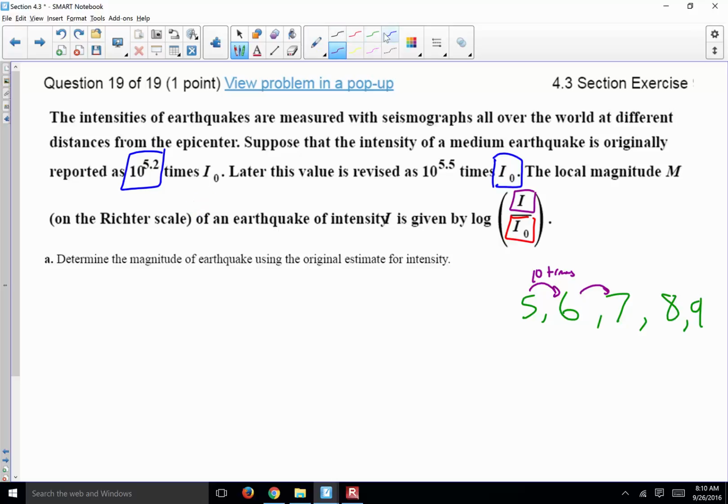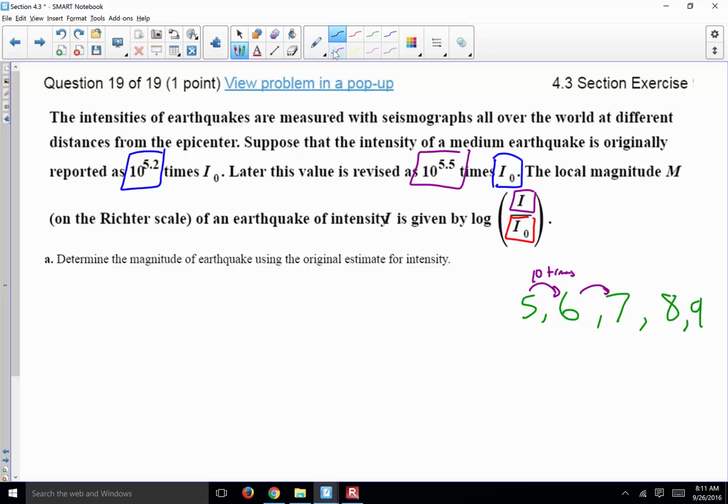And then a few days later, more devices and other reports come into your center, and you revise that: oh, my first initial device reading was incorrect. You change it into 10 raised to the power 5.5. So this happens in the news. Initially they say, here is the scale of the earthquake, and then a couple days later they come up with a new number because more reports are coming in.